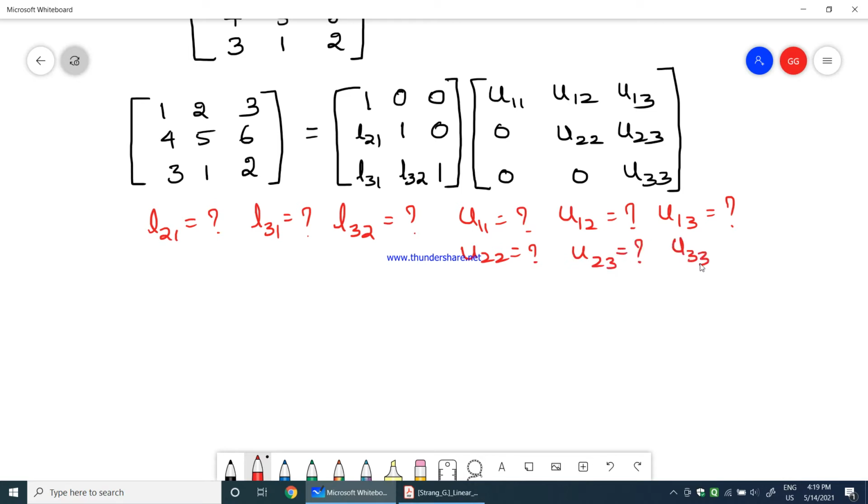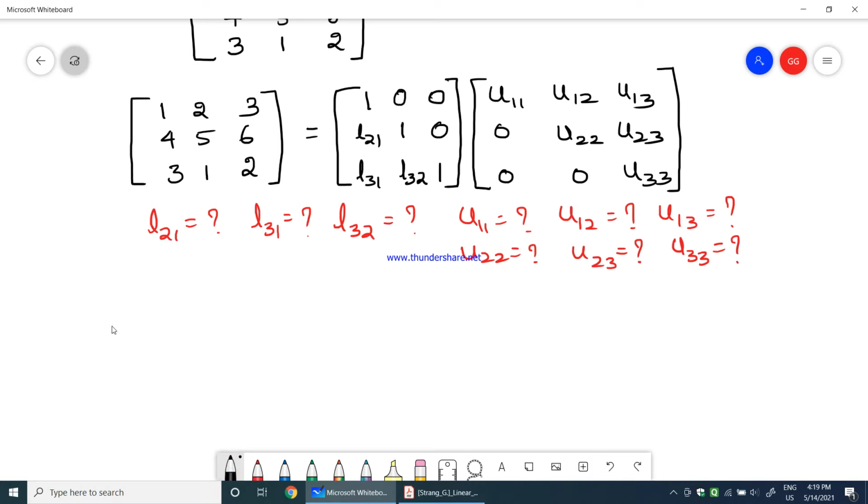We need to find all these entries. In this method we are not applying any row operations or column operations to get the lower and upper triangular matrices. We will do that in method 2. In the second method we do that. So what I'll do is multiply these two matrices now.